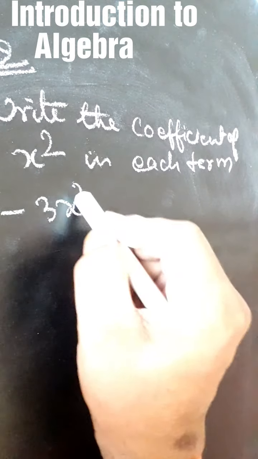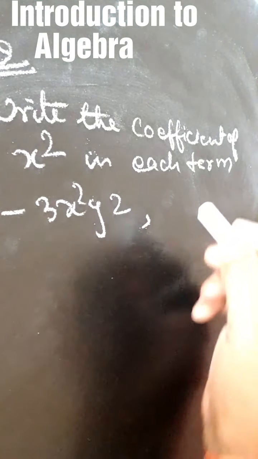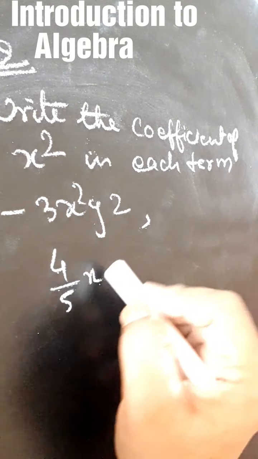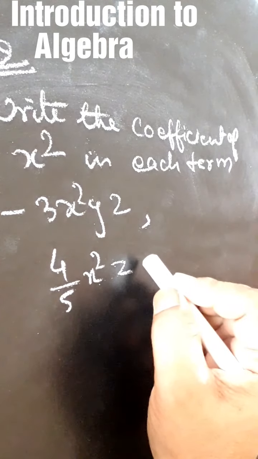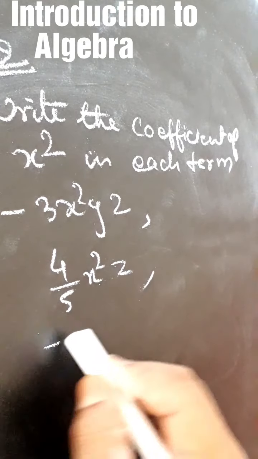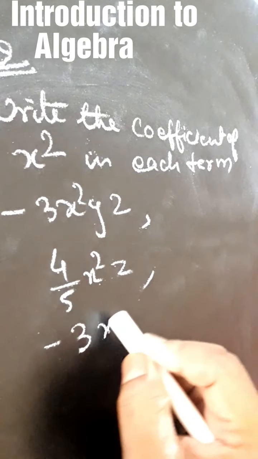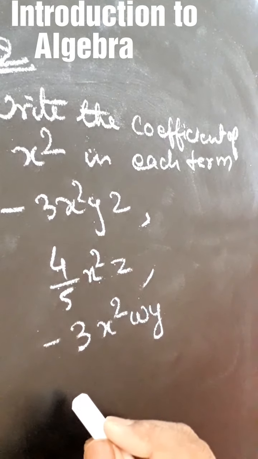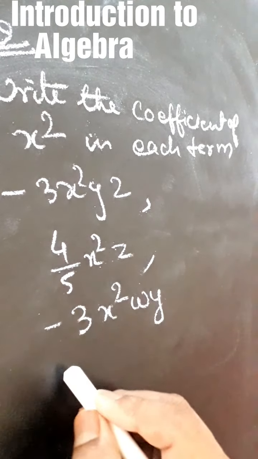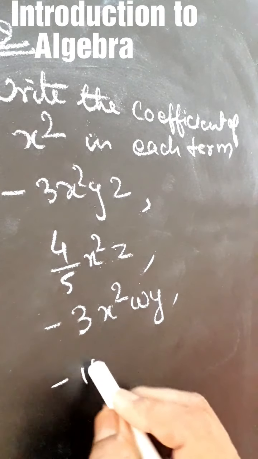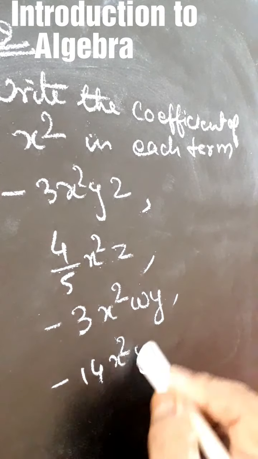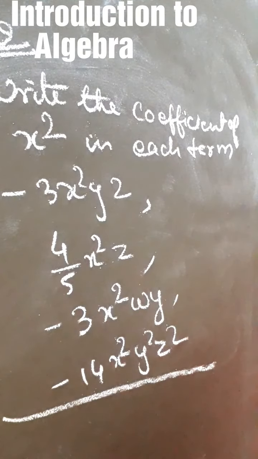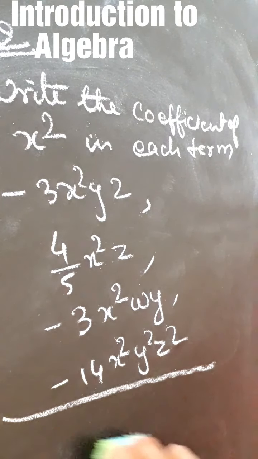Minus 3x square yz, 4 by 5 x square z, minus 3 x square w y, and the last term is minus 14 x square y square z square. Here in this question we have to write the coefficient of x square in each term.